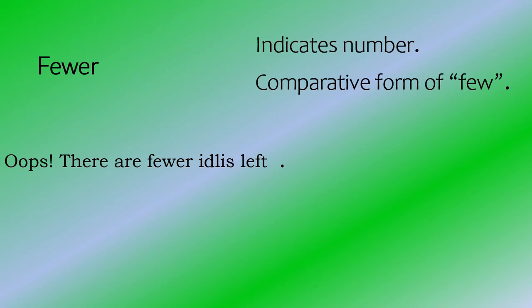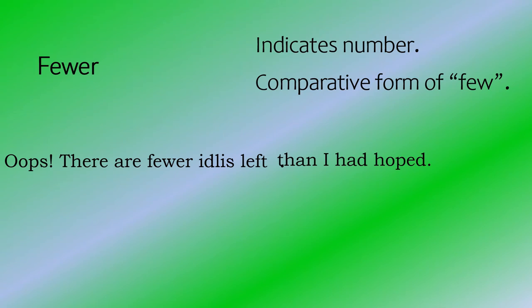You'll get the idea clearer if we add something to the sentence. Oops, there are fewer idlis left than I had hoped. See the difference? I hoped for more idlis, but only fewer idlis are left in the dish.